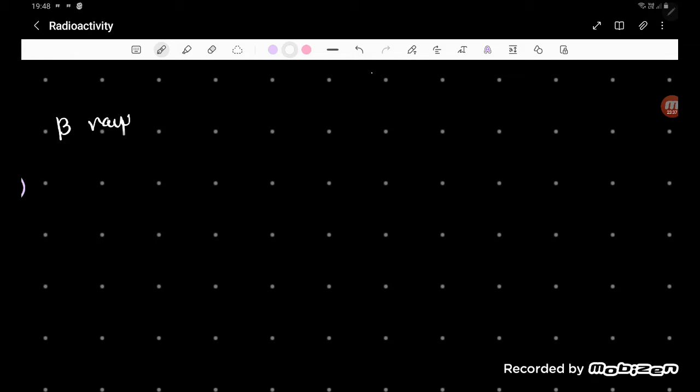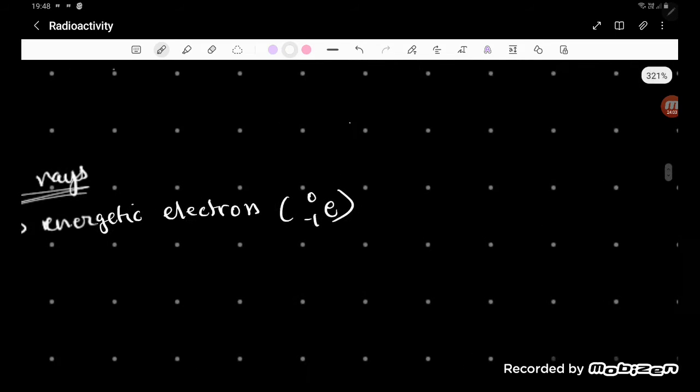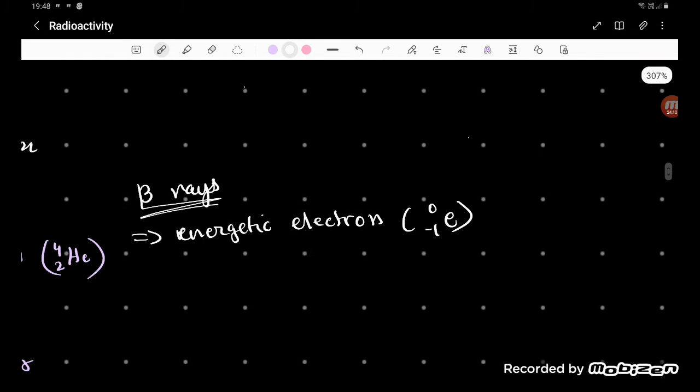These are energetic electrons, represented as 0 minus 1 e. Fast moving electron or energetic electron is fine. I would recommend you write fast moving.